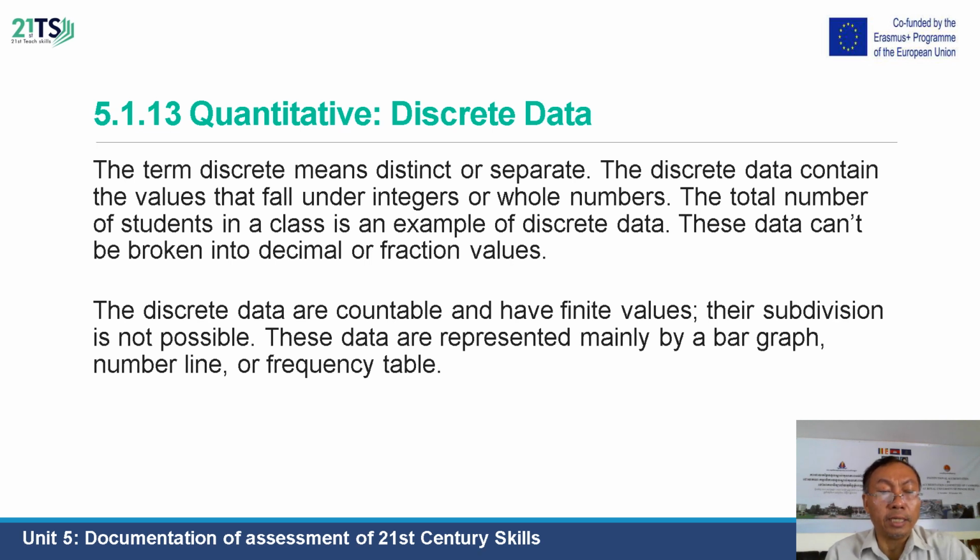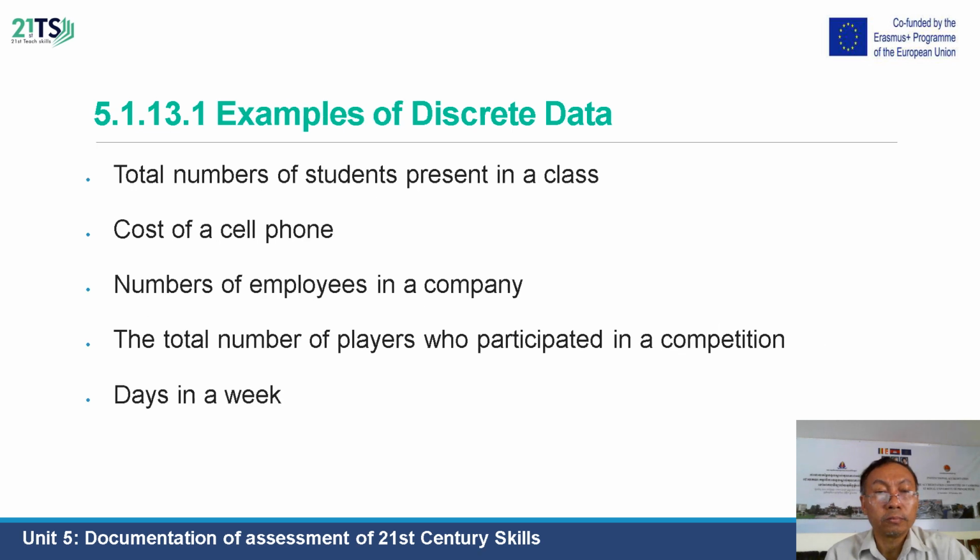Discrete data are countable and have finite values. Their subdivision is not possible. These data are represented mainly by bar graphs, number lines, or frequency tables. Here are some examples of discrete data.